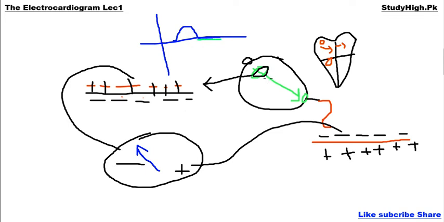Then repolarization starts in the area which was depolarized first, that is close to the SA node, and a negative curve will be obtained. So this curve is called the depolarization curve, whereas this negative curve is called the repolarization curve, also called the atrial T wave. This is called the atrial P wave, and this area shows that the atria remain depolarized for approximately 0.15 to 0.16 second.